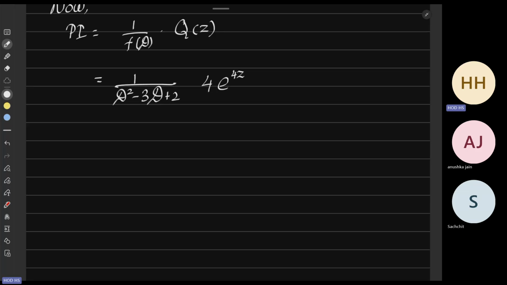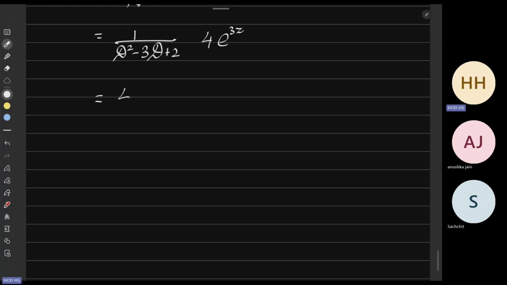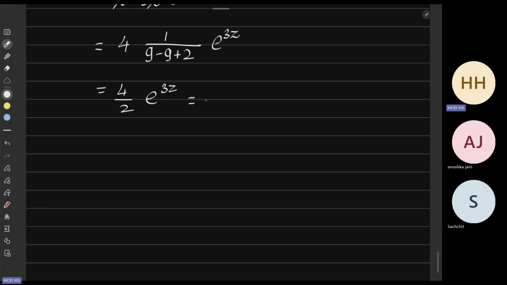Notice that 3 was never a root. So therefore, we'll have 4 times 1 upon 9 minus 9 plus 2 of e to the power 3z as my particular integral, which will be 4 by 2 e to the power 3z. Again, rewriting z into x, we will have 2x cube as my particular integral.